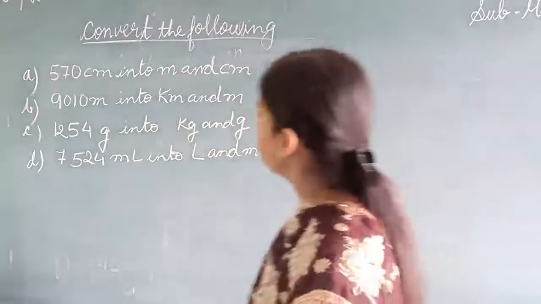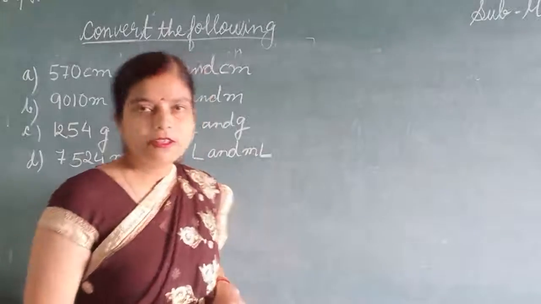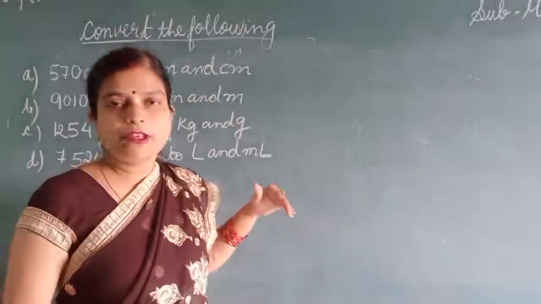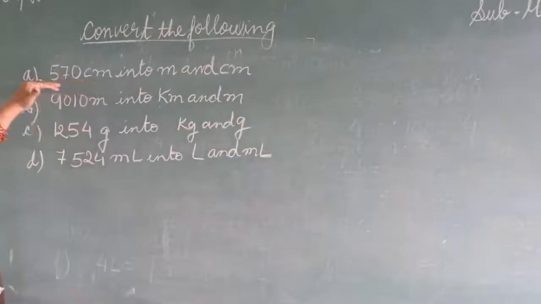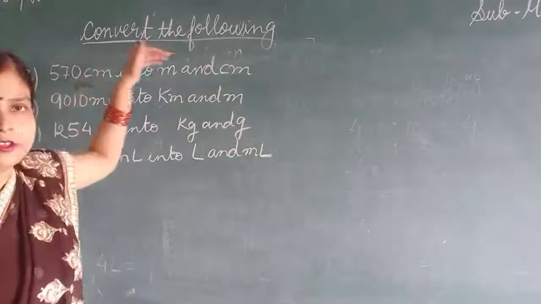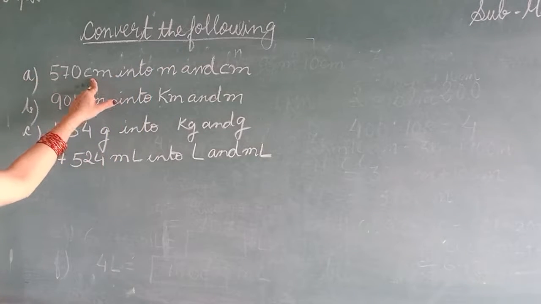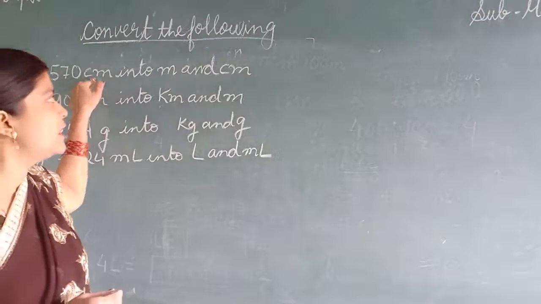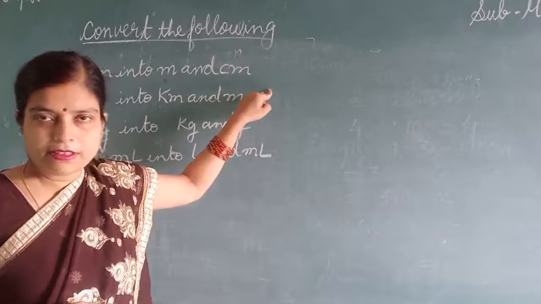Children, this type of question I have already told you to solve in two different ways. Today I am going to solve it by only one way. The other way was that we divide this number, the centimeter, because when we are converting it into meter, we are dividing. We divide this number by 100, and the quotient will be the meter, and the remainder will be the centimeter.